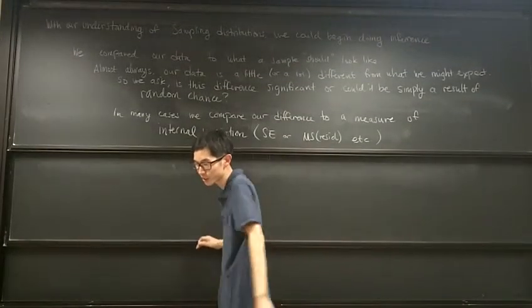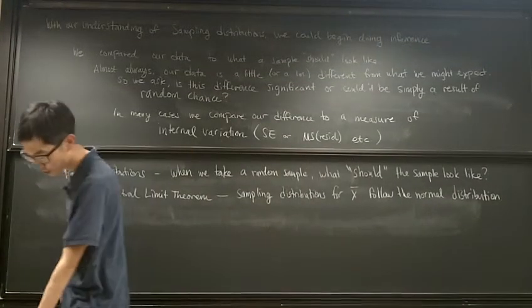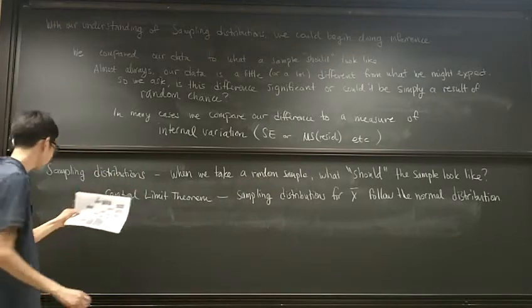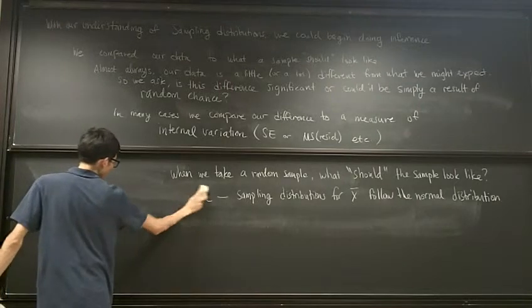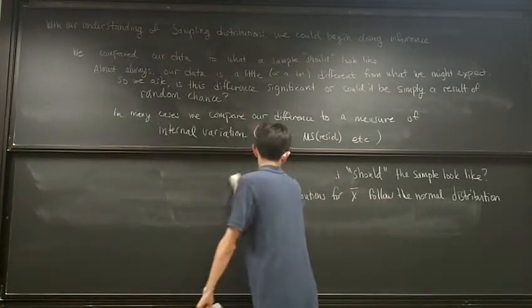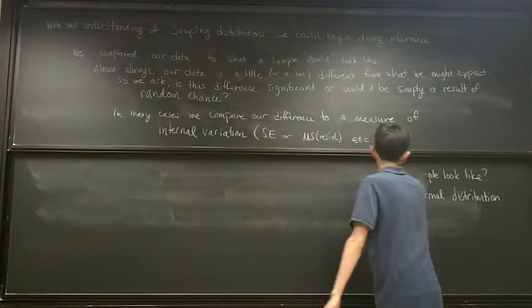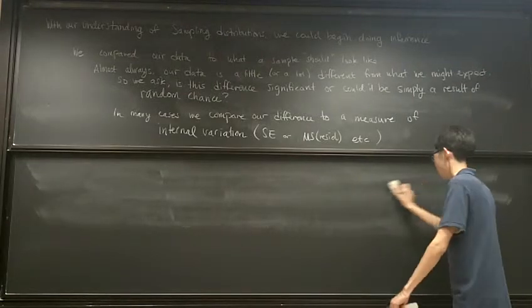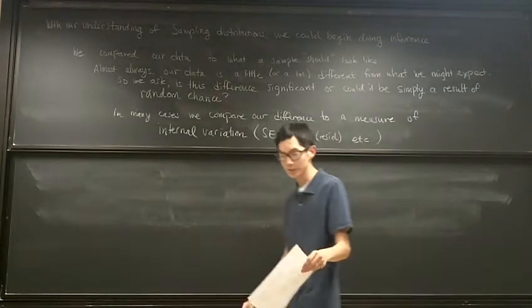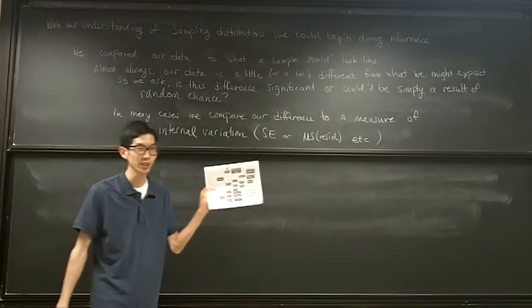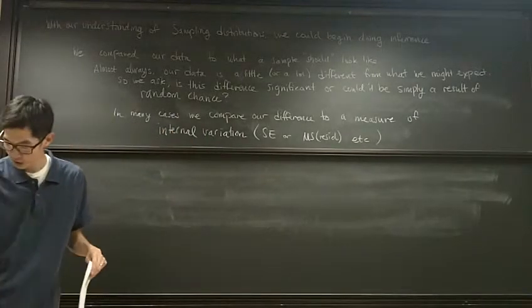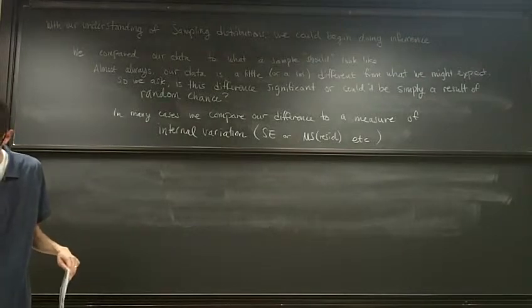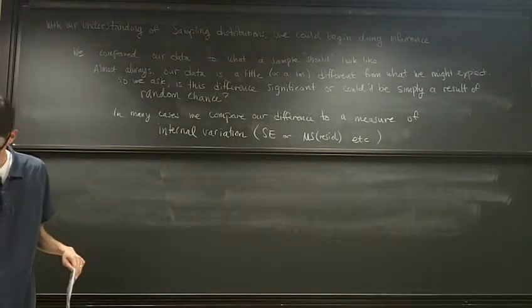So I passed out this flow chart of inference methods. It talks about which inference method we should use. The book actually has a more complicated version of this in chapter 13, in one of the earlier pages.